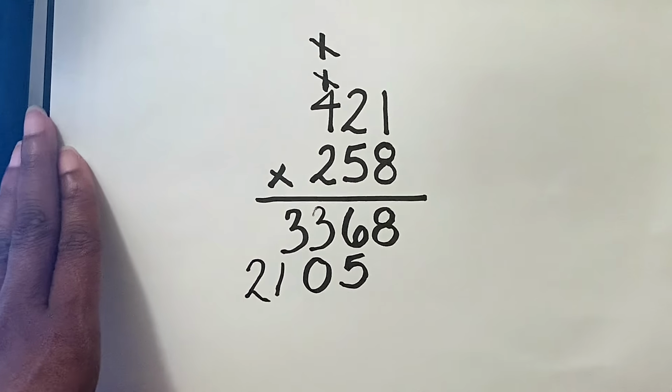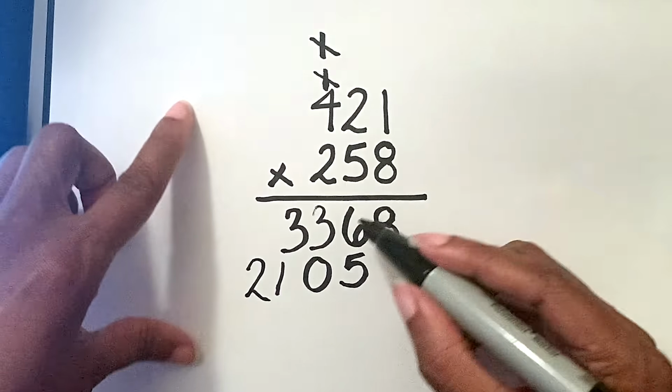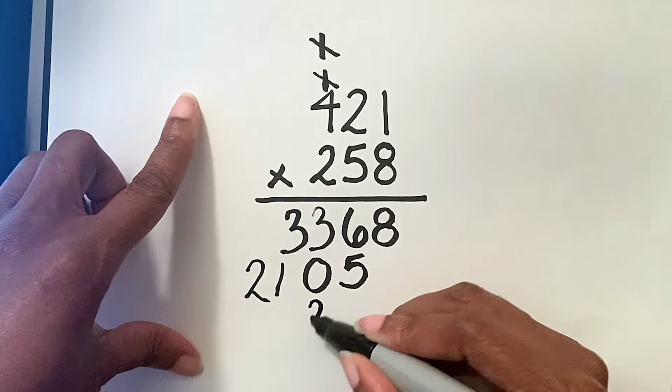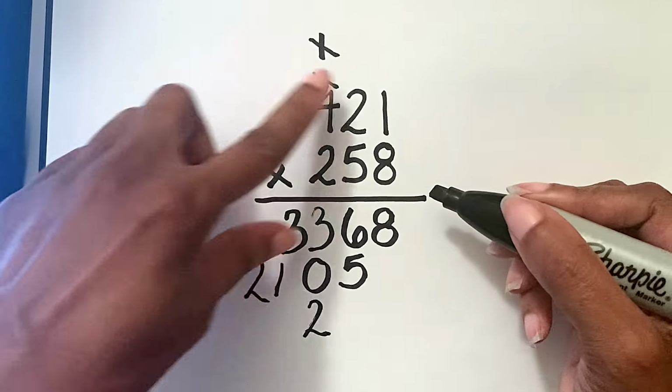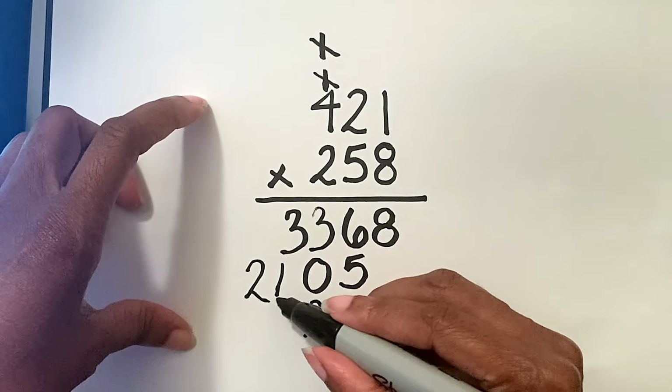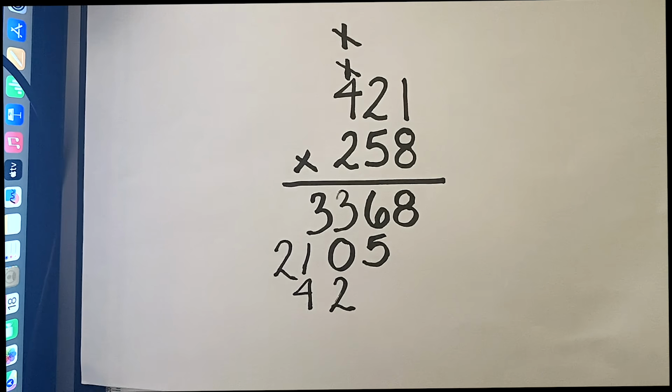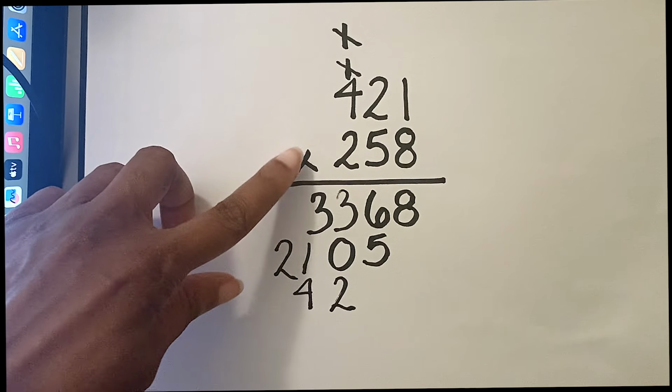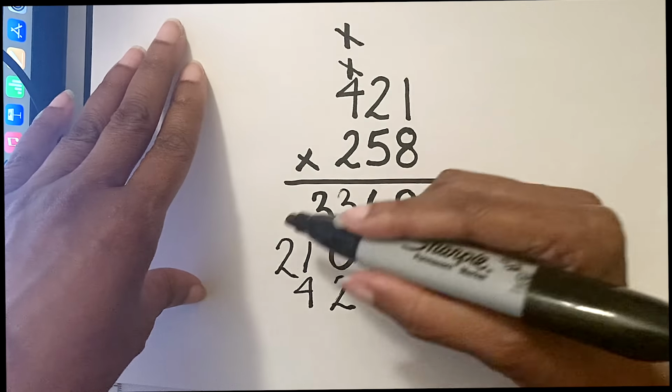Okay? Alrighty. So 1 times 2 is 2. Alright? 2 times 2 is 4. Okay. So 4 times 2 is 8.